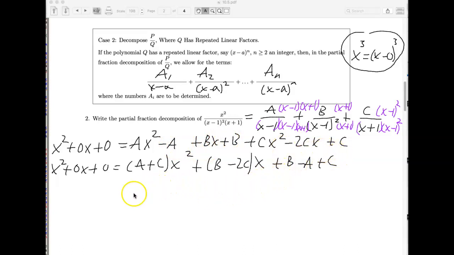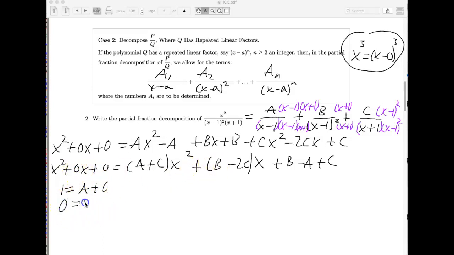All right, so now we have everything matched up, right? x squared, x, and constant. So what we're going to do is equate the coefficients. In order for this left side to equal this right side, a plus c has to equal 1. And 0 has to equal b minus 2c.